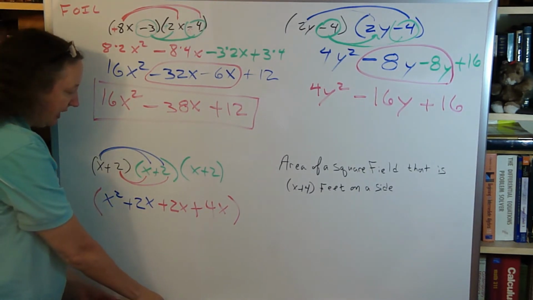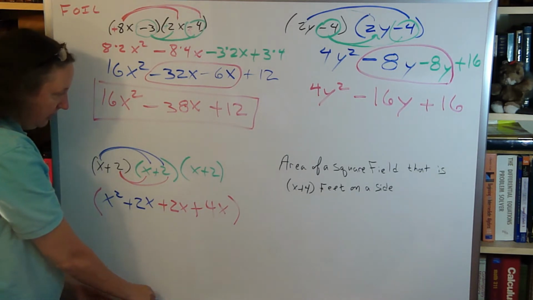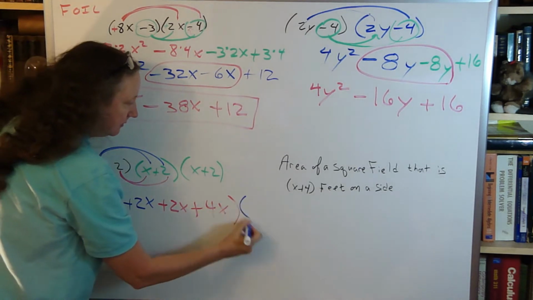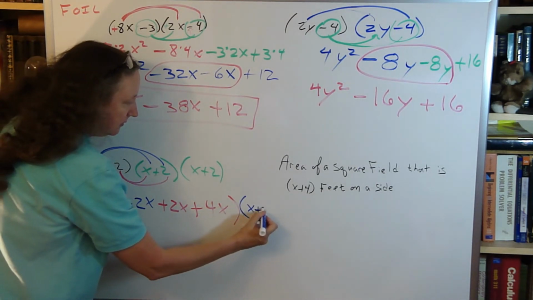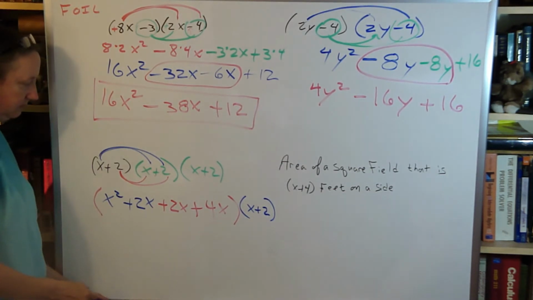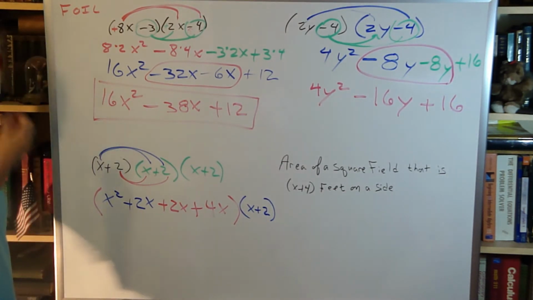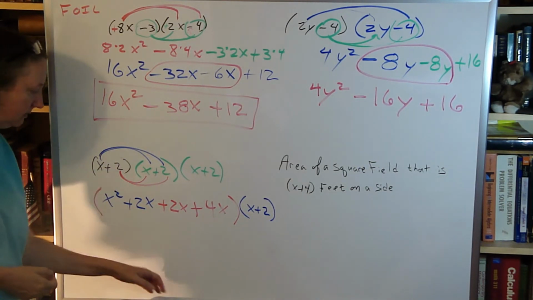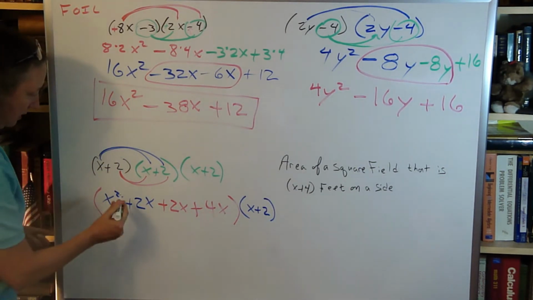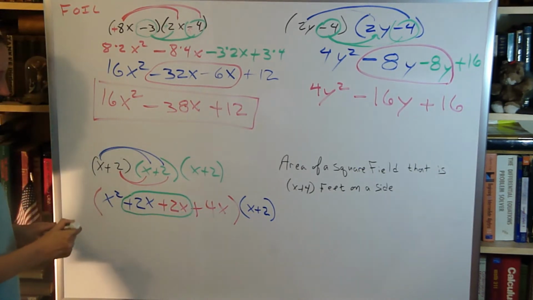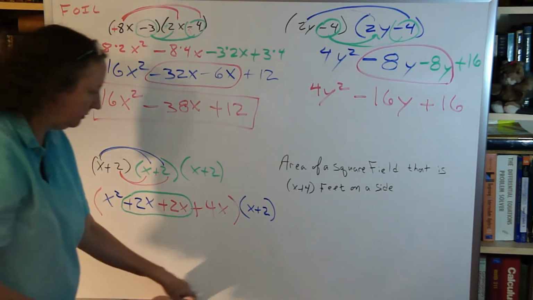And then I'm going to just carry forward the x plus 2 down here. I still need to combine my like terms here. So I have my plus 2x, and my plus 2x is going to give me plus 4x.